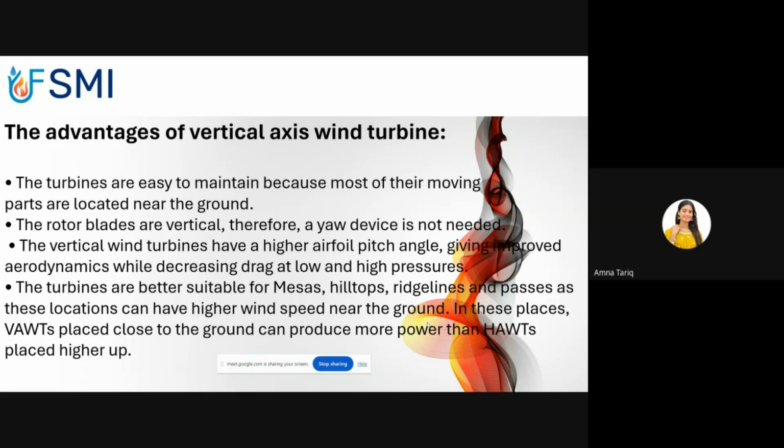A vertical axis wind turbine near the ground can produce more power than a horizontal axis wind turbine placed higher up. So the important thing for our knowledge is that the vertical axis wind turbine produces more power than the horizontal axis wind turbine because it is near the ground. This is the reason for the generation of high power.